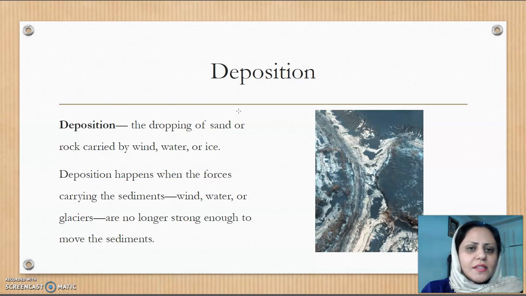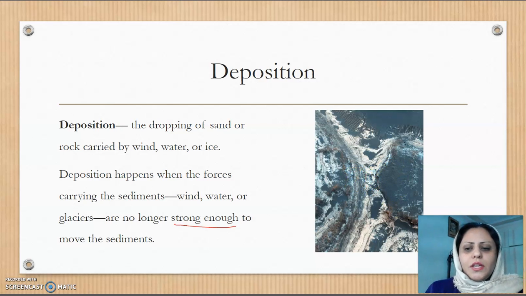That is called deposition. Deposition is dropping of the sediments or rocks or pebbles by the wind, the river, the waves, and so on. Deposition happens when the forces carrying sediments like wind, water and glaciers are no longer strong enough to move the sediments. They just leave it there.